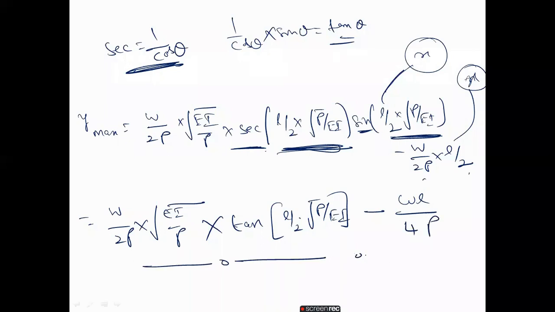This is the maximum deflection equation. Next we will go for the maximum bending moment.